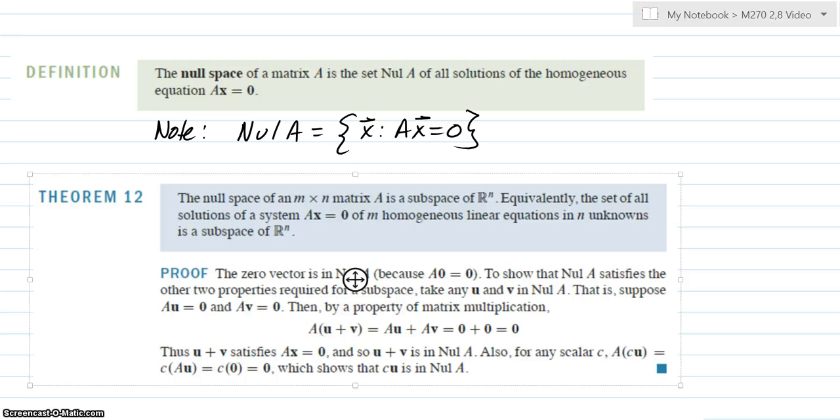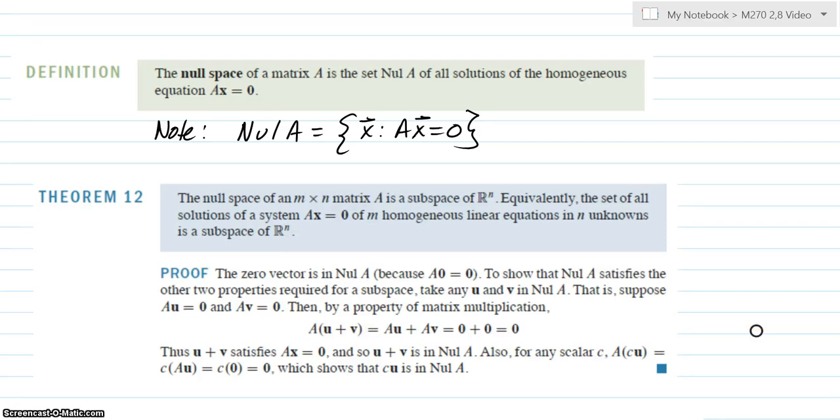Let's go ahead and see that. The null space of an m by n matrix A is a subspace of Rn, is theorem 12. So equivalently, the set of all the solutions of a system Ax equals 0 of m homogeneous linear equations and n unknowns is a subspace of Rn.